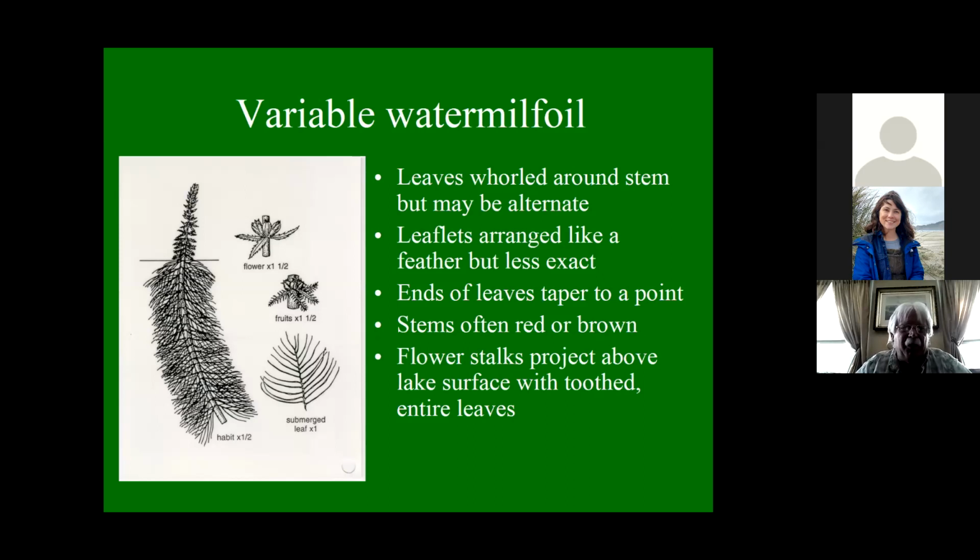In this particular plant, the stems tend to be fairly thick and often more of a brown color than the bright reddish color of the Eurasian. Once again, these have flower stalks that stick above the surface of the lake, but they tend to be more toothed than the Eurasian and larger in diameter.